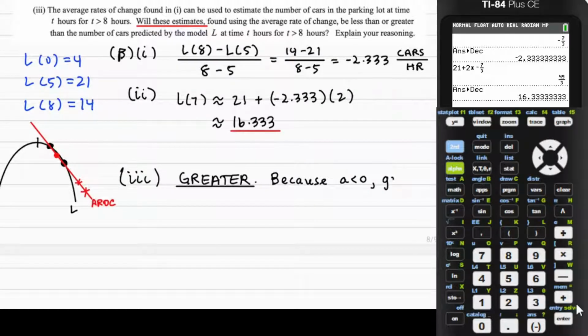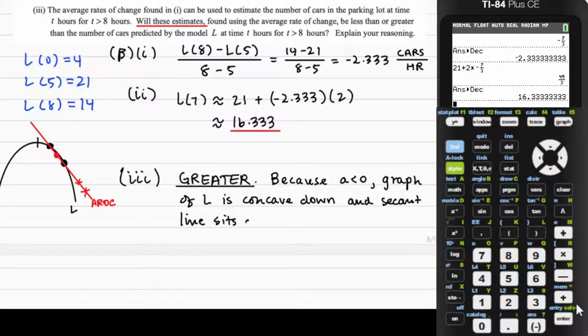The graph of L is concave down. And the secant line sits above the curve. And the greater comes from the above. But I'm not really sure what else to say besides that, and so I'm just going to leave that one there.